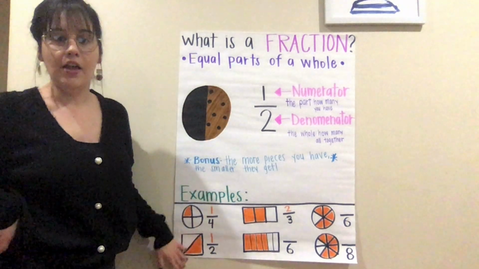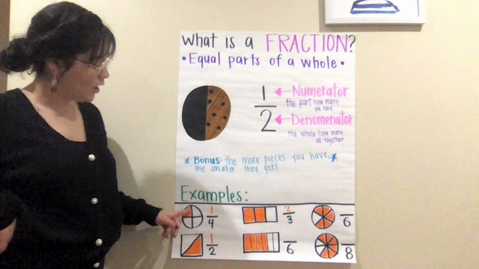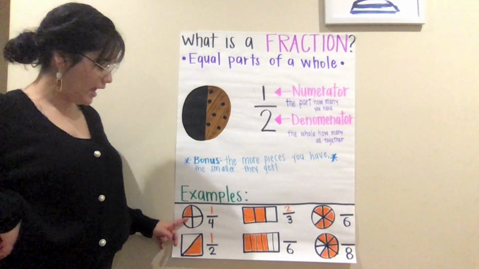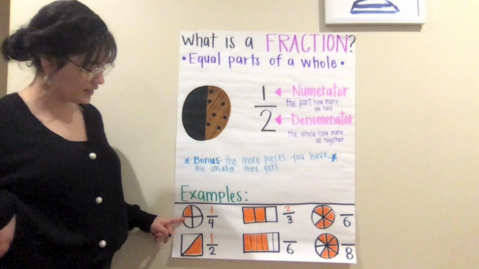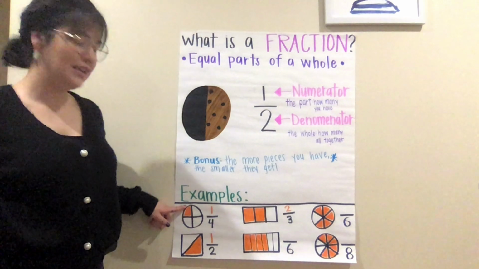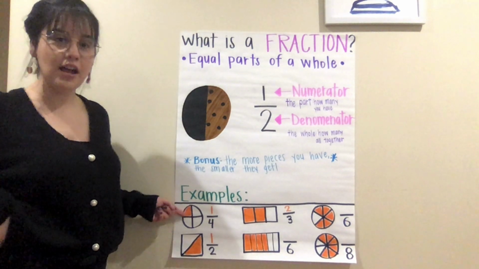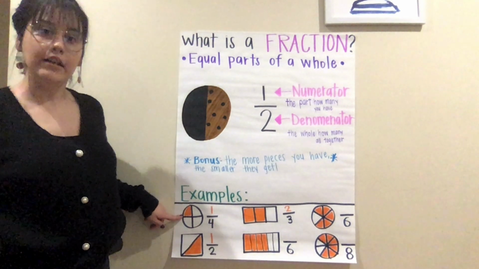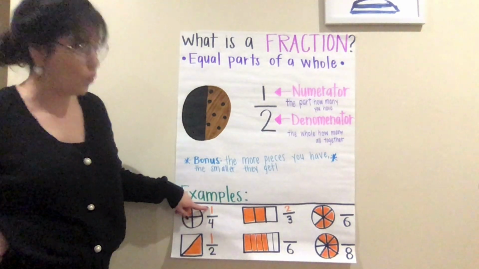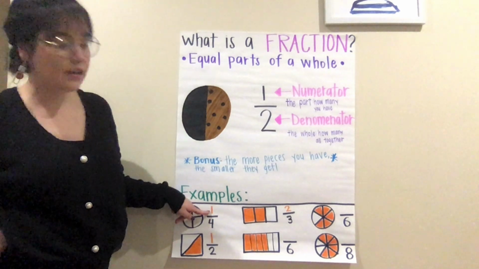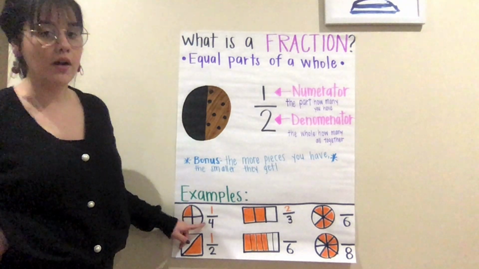Let's take a look at some other examples. Here we have a circle and I partitioned it, I divided it into 4 different pieces. So how many parts of my circle are orange? How many parts do I have that were colored in orange? 1. So 1 out of 4 pieces.